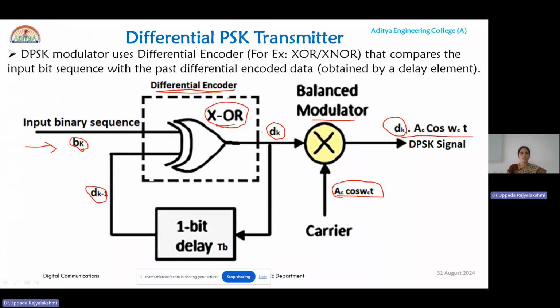So the conclusion is that differential PSK is a combination of differential encoder plus PSK. Here this section is PSK and the first section is the differential encoder. The differential encoder output followed by a product modulator produces the differential PSK.